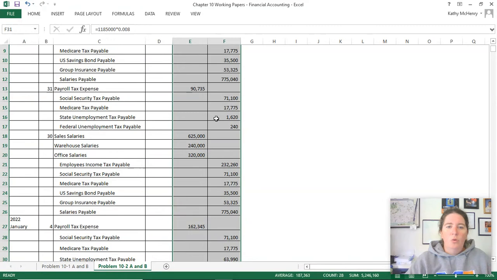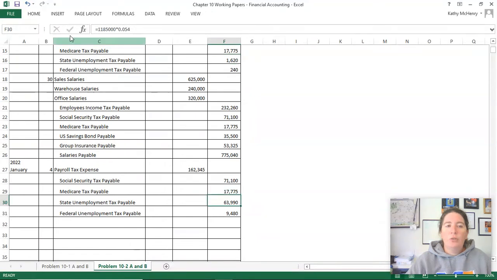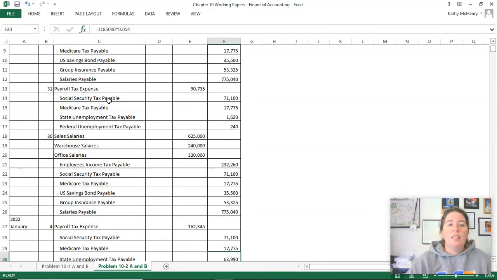In this one, we only used $30,000 of the payroll, okay? In this one down here, we used the full $1,185,000. Employers are only required to pay a specific amount of unemployment tax when it comes to their salaries for the year. This entry right here was made at the end of the year.